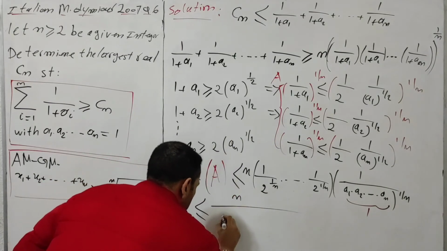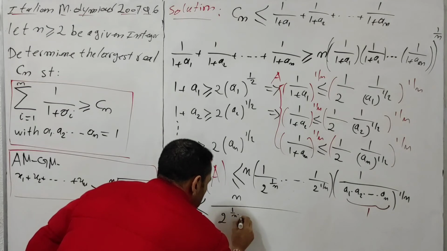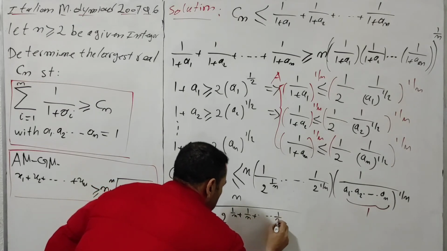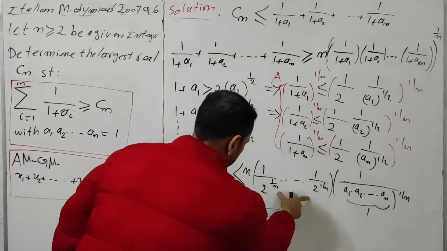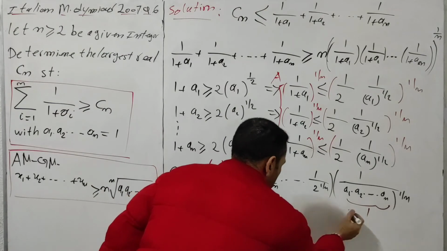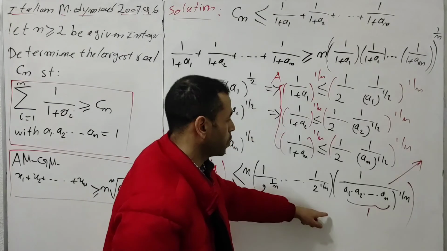This product can be written in this form: 2 to the power of 1 over n plus 1 over n, and so on, the sum of these terms, multiplied by this one, which is given as 1. The whole term turns into 1.